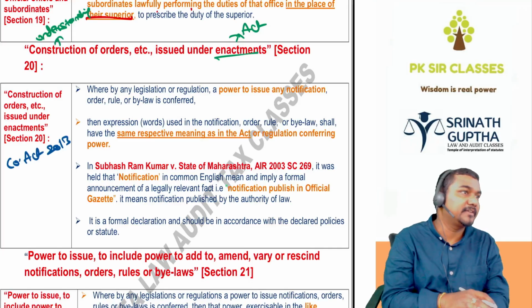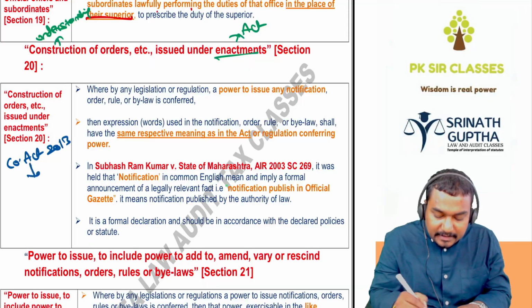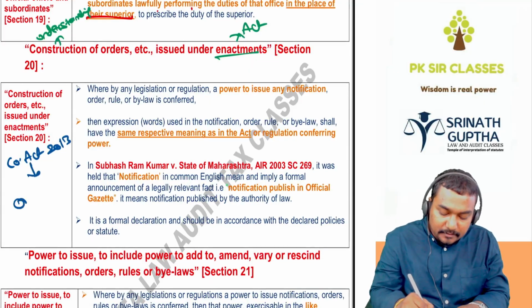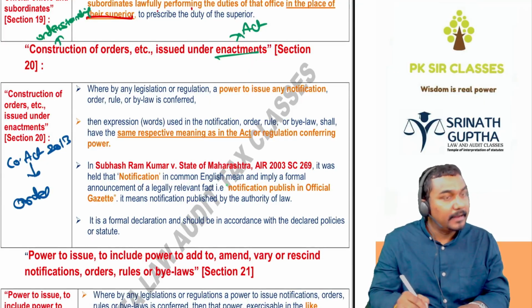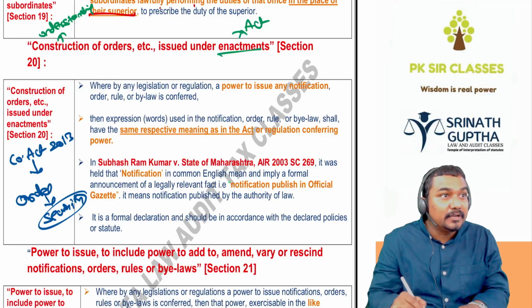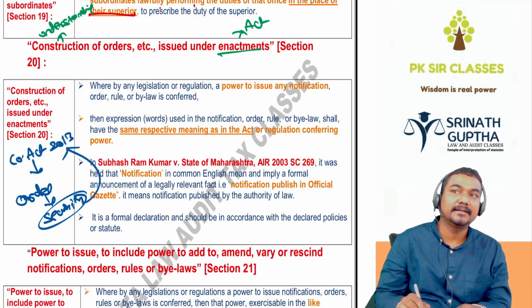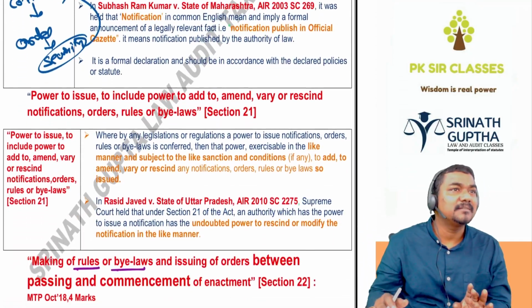Security means security as defined under SCRA, the Securities Contracts Regulation Act, or SEBI. And under this act, one order is issued. Beta, what is issued? One order. In the order also, the word security is used. What is used? The word security. The meaning of security will remain the same as that of the act. Are you able to understand?